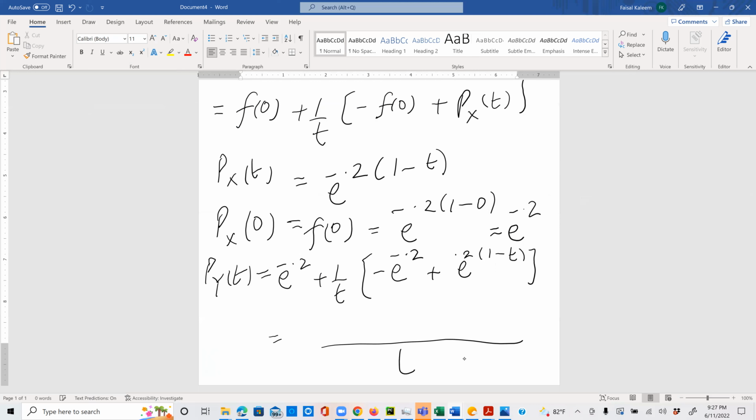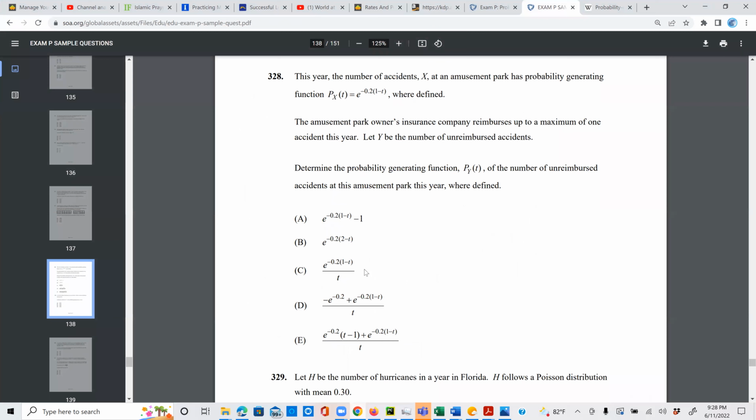So t is the common denominator. And this t will multiply here. So it'll be t e to the negative 0.2 minus e to the negative 0.2 minus e to the 0.2, 1 minus t. And now if we look at the choices, it cannot be the first. So it looks like this one. Here we have an e to the negative 0.2 factored out, and we get t minus 1.